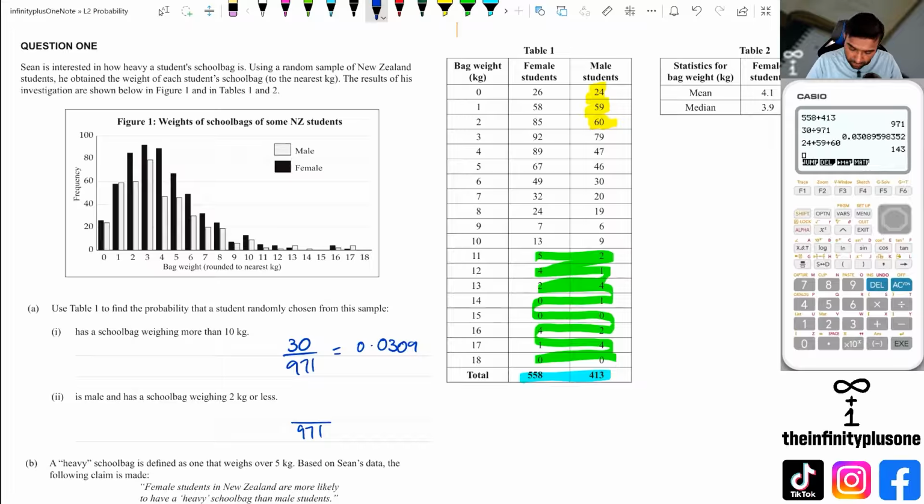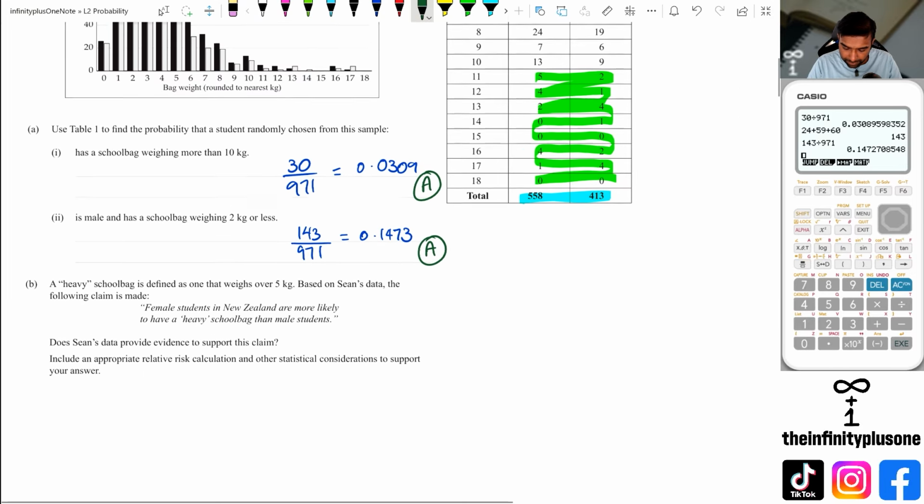That's going to give us 143. So 143 out of 971, divided by 971, that's going to be 0.1473. And I just realized that I haven't actually given grades for the first two questions. So the first question is worth an achieved, and the second one is also worth an achieved.